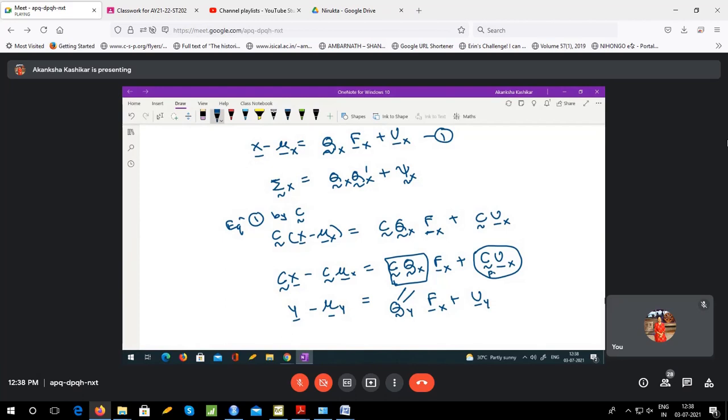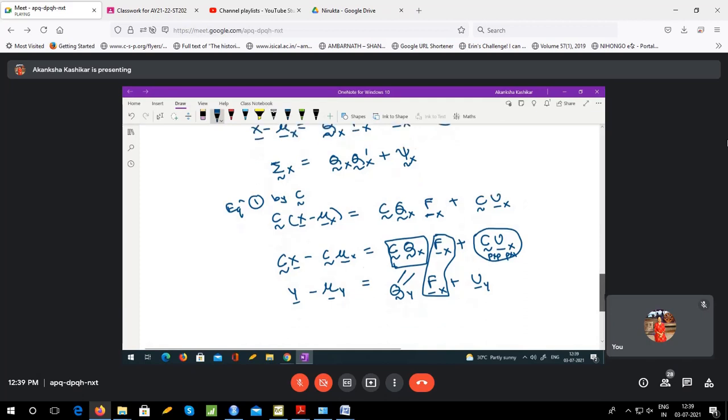Because C is of order p cross p, and this is of order p cross 1, so it's okay. So what is happening is I am actually getting the same common factors. The loading matrix changes, the specific factors change, but the common factors remain the same. I don't have a different fy here. So the common factors remain invariant under the change of scale.